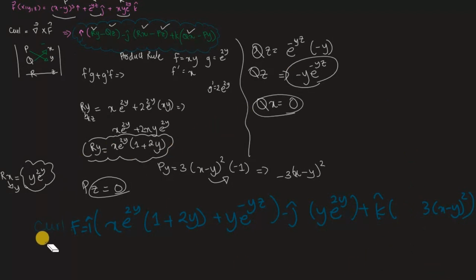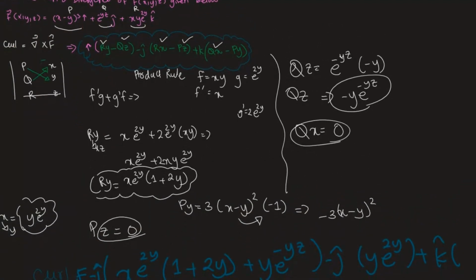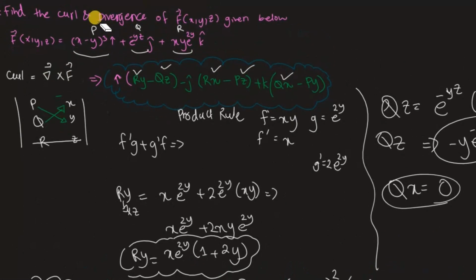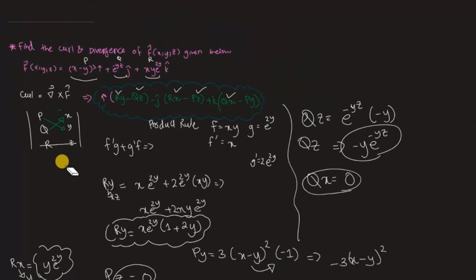Alright, so now let's move on to the divergence of f. Here it says curl and divergence. We just calculated for a curl. Now let's find for divergence.